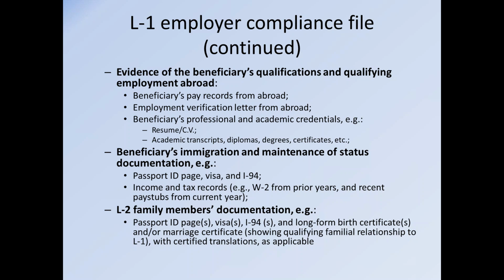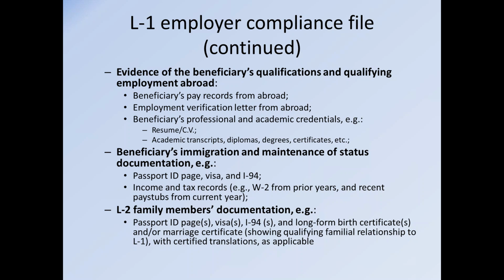Why is the L2 family members' documentation important? One of the considerations that occasionally comes up with USCIS, and this is true in the H4 spouse EAD context, is, all right, let me back up a little bit for the H4s. That's a little different story, and I think I see a question about it anyway.